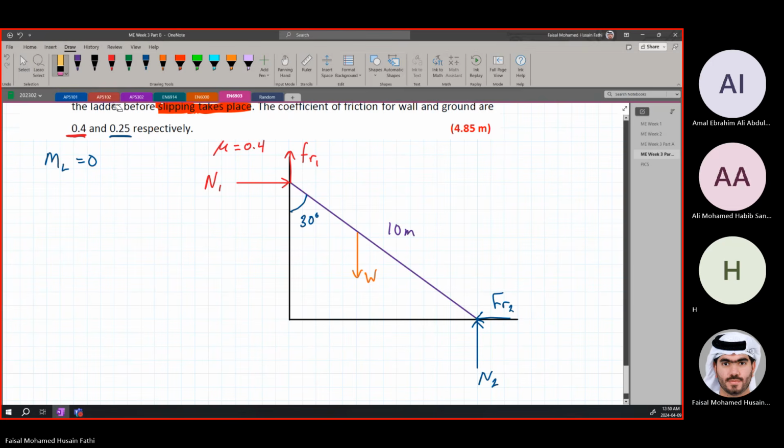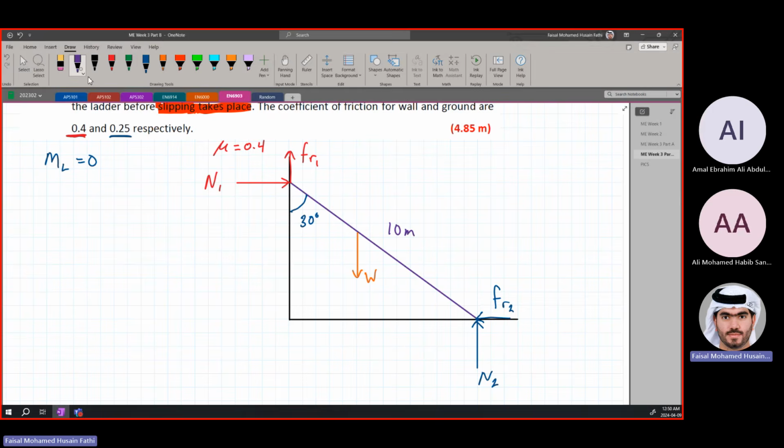Okay? I use small f. This is what we have so far. This is all the things that we have so far. We also know that this is 30 degrees. So because we have 30 degrees and 10 meters, we can already find the perpendicular distances here and here.